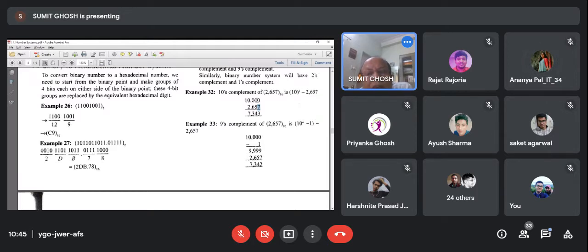First of all, you take a carry from the leftmost part. So you get 10 now. 10 minus 7 is 3. When you carried 1 from 1000, what is left? 999.